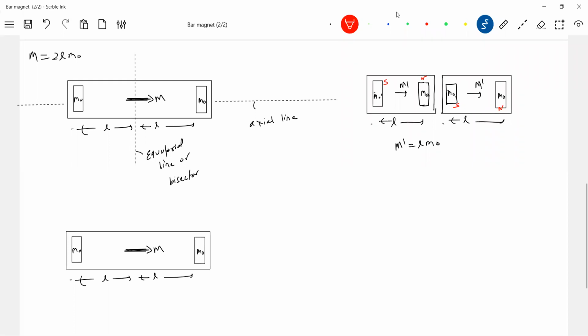Now I can also cut this into two equal parts.